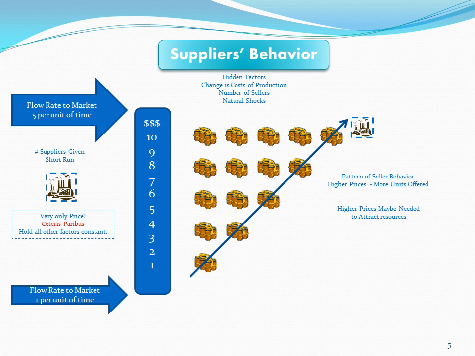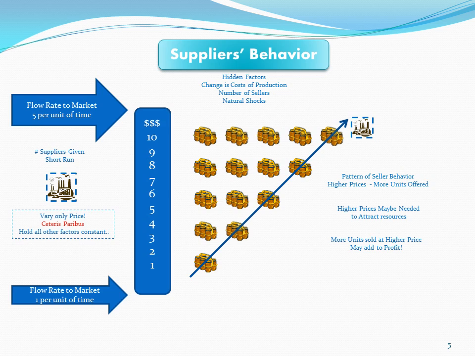More resources and material, more labor hours, more electricity, more fuel, etc. And so to get this, you might have to bid it away from other people, and the cost of those things might go up. So you have to cover the cost of what things are worth in the market. It's called opportunity cost. So if you have to bid labor away, you might have to pay a little bit more for it.